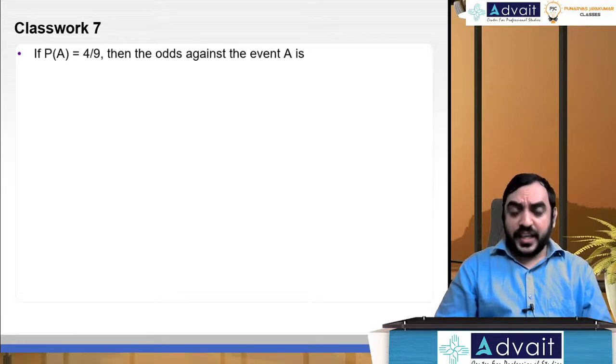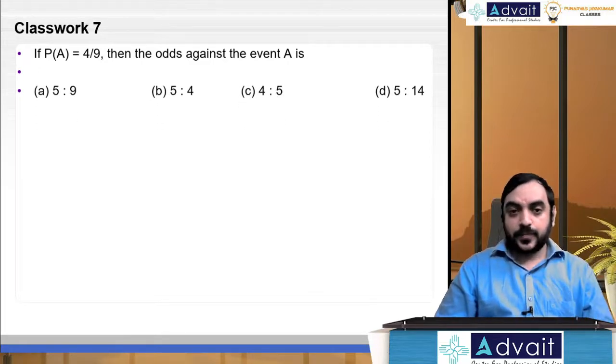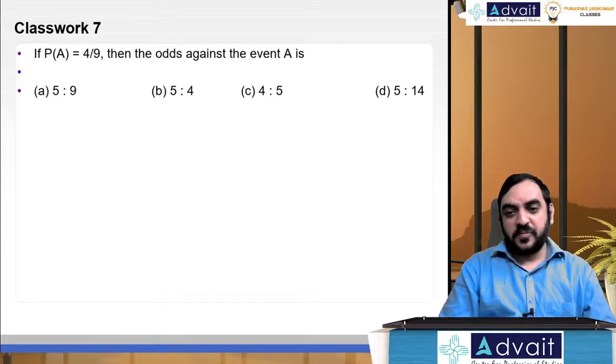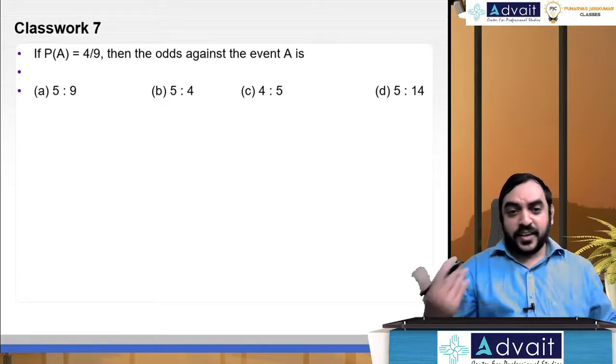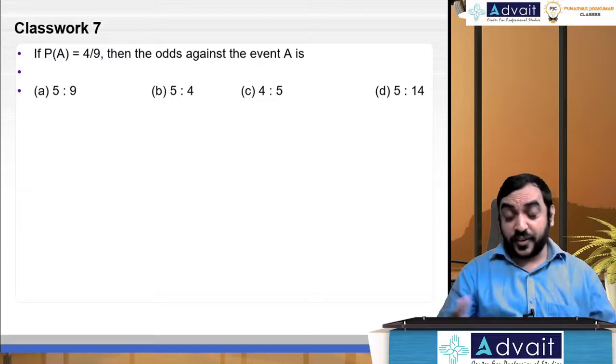If probability of A is 4 by 9, odds against event A is? Can anybody try? Okay, some people are telling 4 is to 5, some people are telling 5 is to 9, some people are telling 4 is to 5, 5 is to 4.